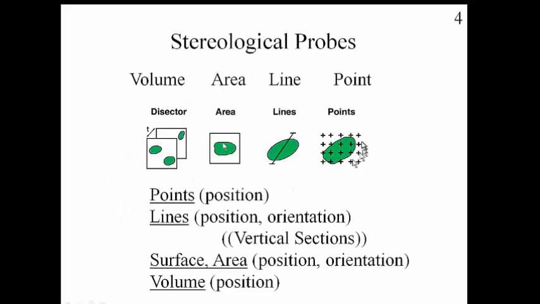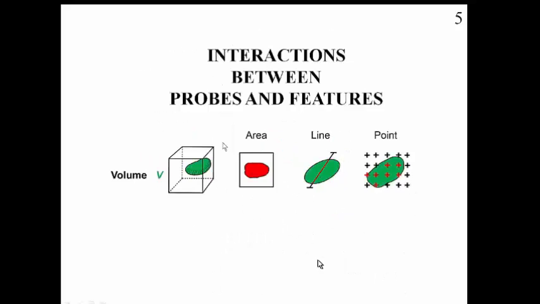There are four types of probes: zero-dimensional points, one-dimensional lines, two-dimensional areas, and three-dimensional volumes defined by 2 points. So these all have certain characteristics. What we're really interested in is the interaction between probes and features. So here we have a volumetric object. It's been sliced.